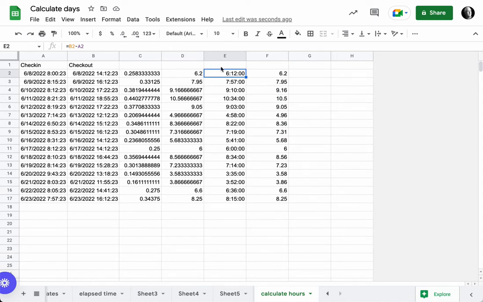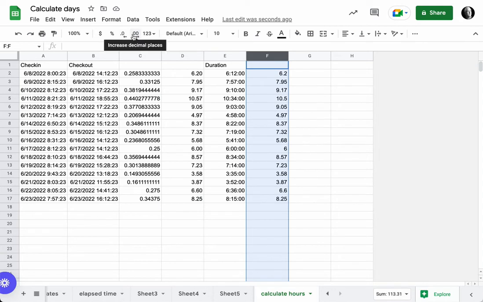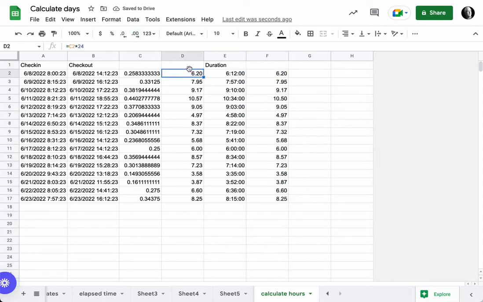Let me go ahead and type duration. And let's take this column and make it the same number of decimal places. And let's make this the same number of decimal places. So this is simply the subtraction.